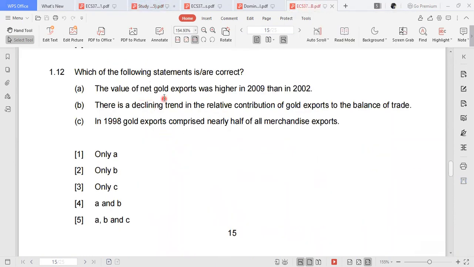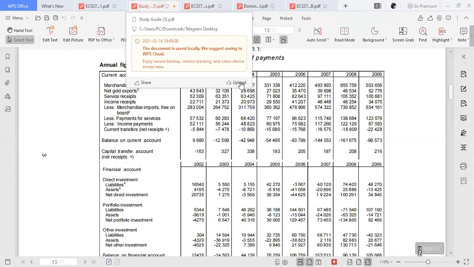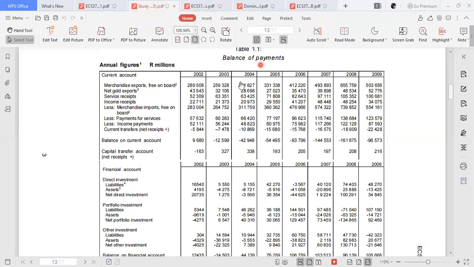Okay, so the first option, the value of net gold exports were higher in 2009 than in 2002. Let's take a look where our net gold exports are. These are our net gold exports, okay? Which means we are supposed to follow this one, okay?